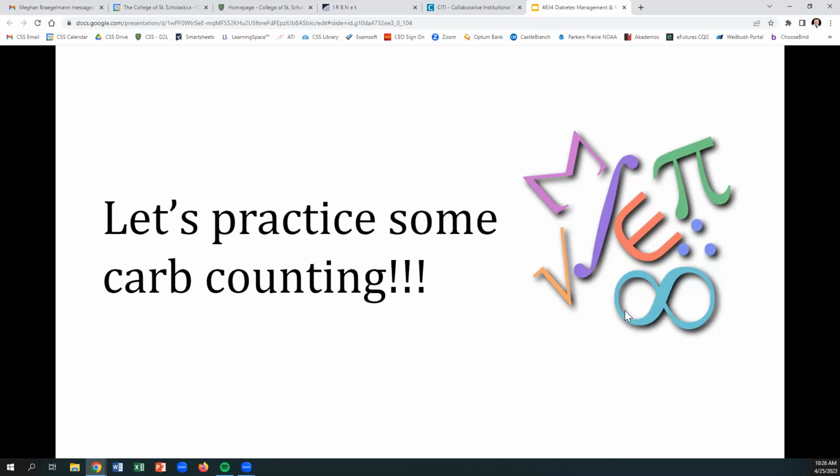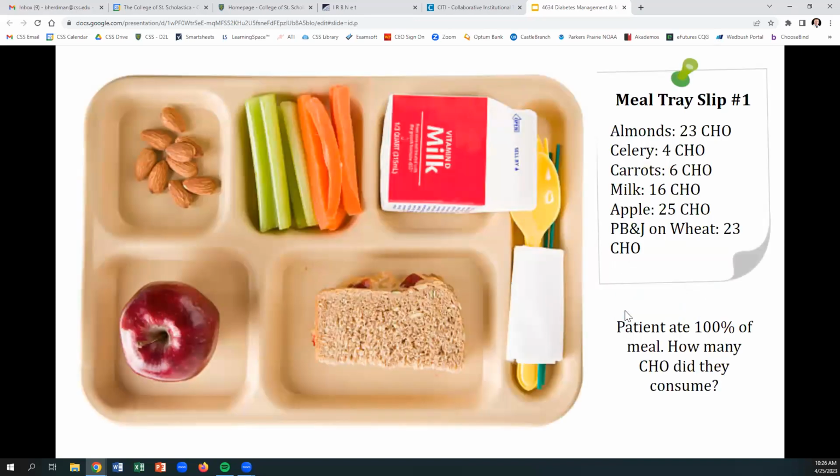So let's look at a tray. Okay. So you have a tray here, and it looks like there's the food that's on the tray and how many carbohydrates they are. And the patient ate 100% of the meal.